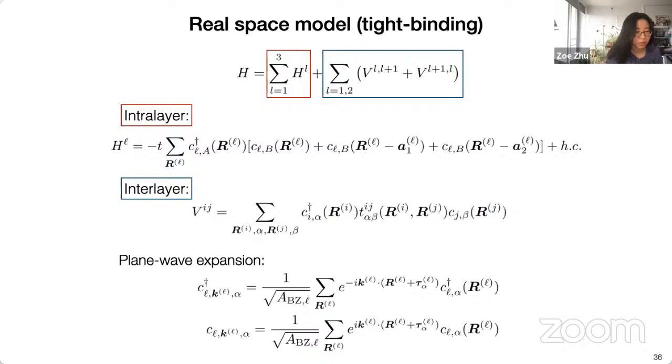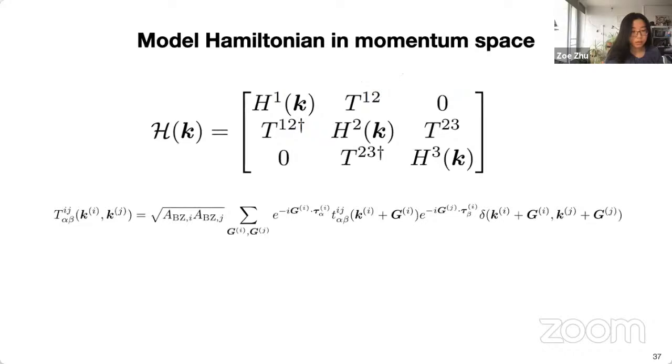The interlayer term is slightly trickier, because as you plug in the plane wave expansion to these two orbitals, there is a small rotation between them, which gives you a selection rule on the off-diagonal terms of the Hamiltonian. So formally speaking, the Hamiltonian can be written as a 3x3 block, with the diagonal blocks being the intralayer terms and the off-diagonal blocks being the interlayer terms.